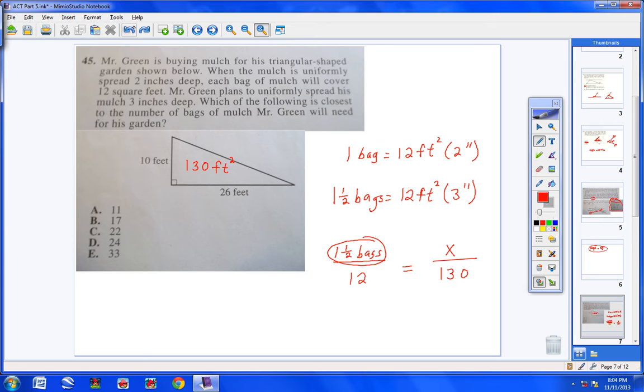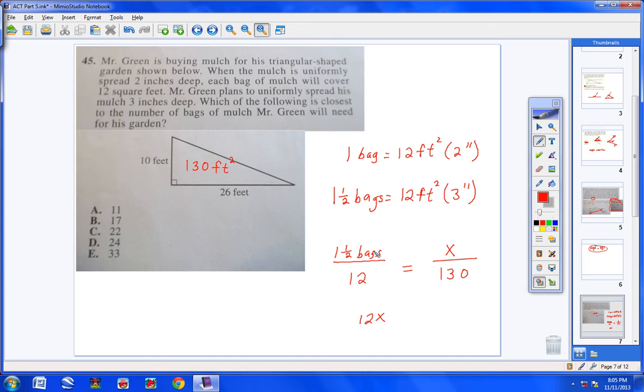So if 12 square feet requires 1.5 bags, then 130 square feet would require how many bags? And of course, you should remember from your early days in math, just cross multiply and divide. 12 times x would be 12x.